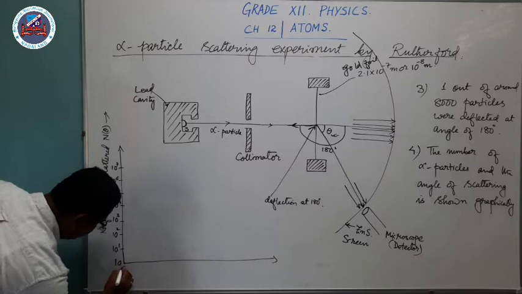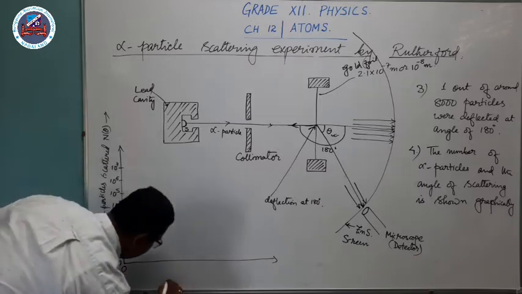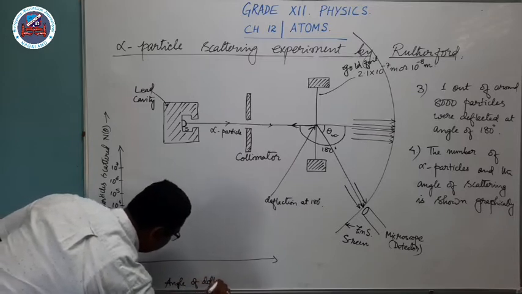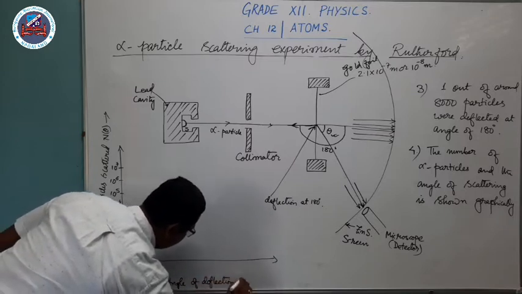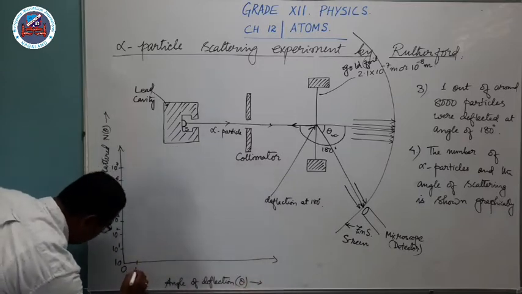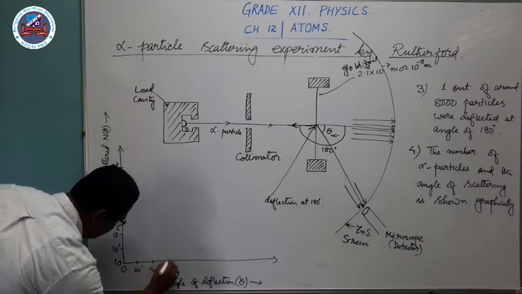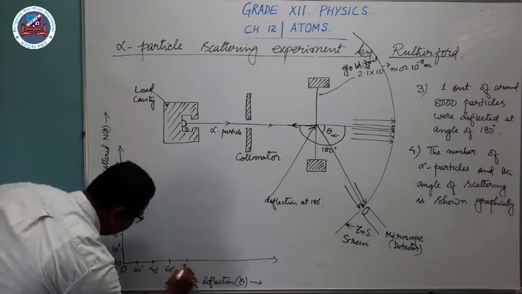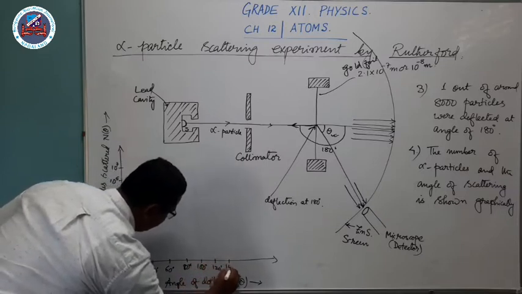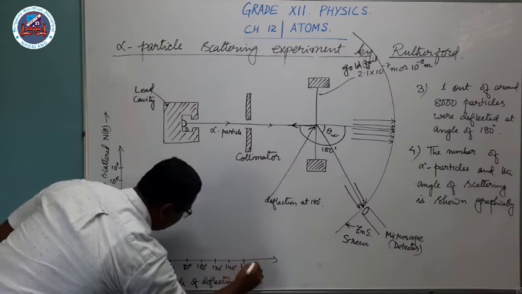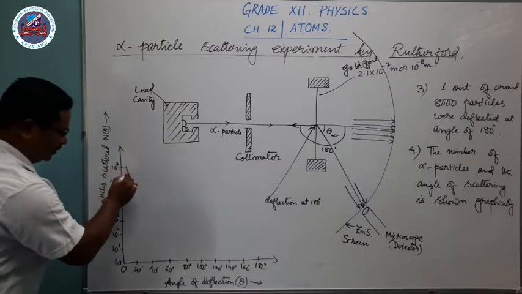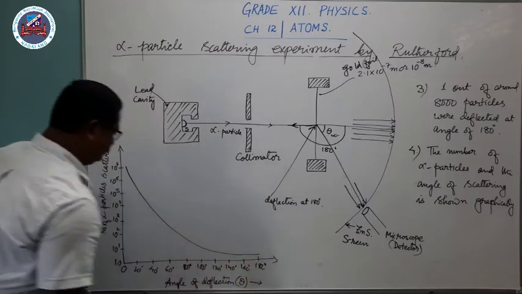And here I start with 0, this angle theta, the angle of deflection, along the x-axis: 0, 20 degree, 40 degree, 60 degree, 80 degree, 100 degree, 120 degree, 140 degree, 160 degree, 180 degree. Then the nature of this curve was seen this way.